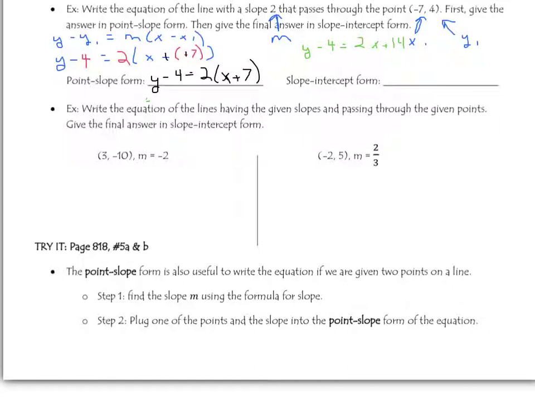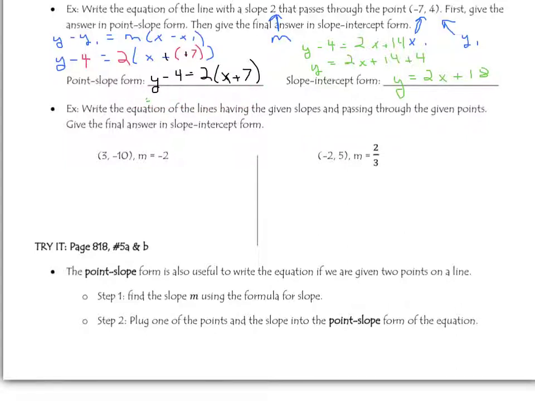And then we're going to add 4 to both sides to get y by itself, so that finally we can write y equals 2x plus 18, and that is our slope-intercept form of the equation.